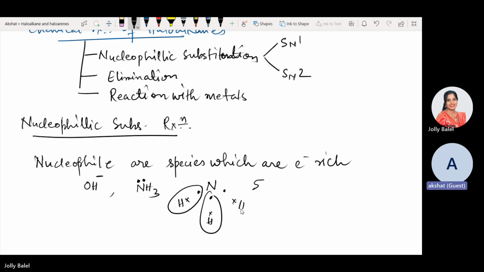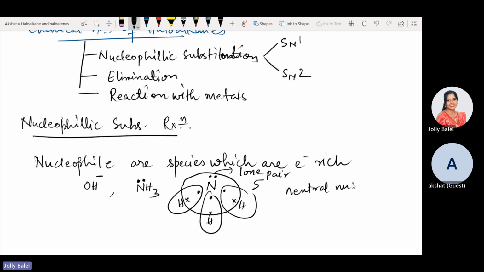This way it can complete its octet, since it has 5 electrons. So this is its lone pair. When a nucleophile donates electrons from its lone pair, it is known as a neutral nucleophile. Or else these are like OH minus, CN minus, which are negatively charged nucleophiles.